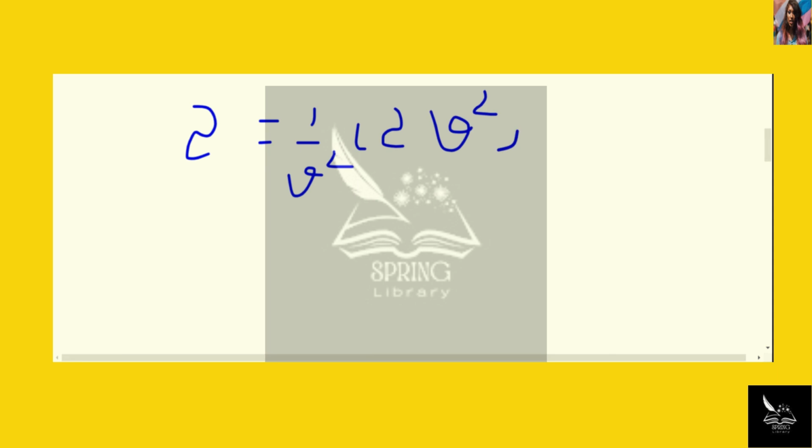Simply that will give the answer 2. So here, since left hand side is equivalent to right hand side, we can say that equation 1 is a solution of equation star.